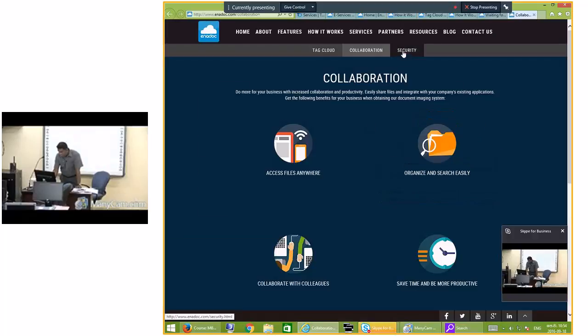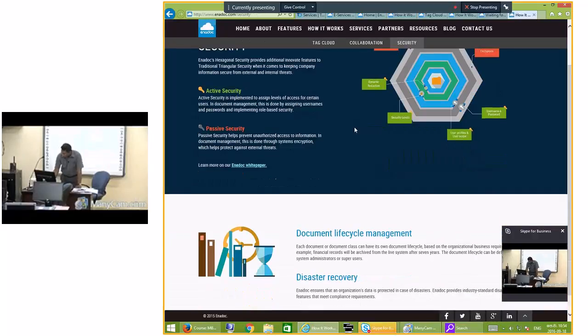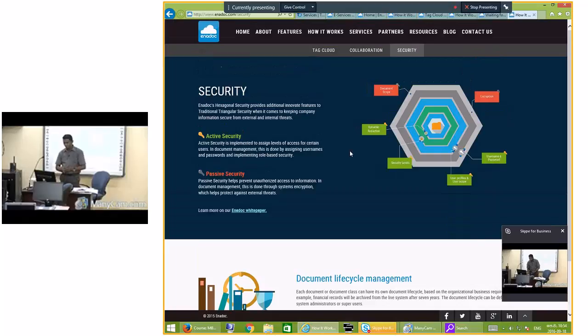And when it comes to security, you have two types, active and passive security. So active security is the level of authority where you can have permission levels to access each and every document. Say if you are in the marketing division and the invoice, right?